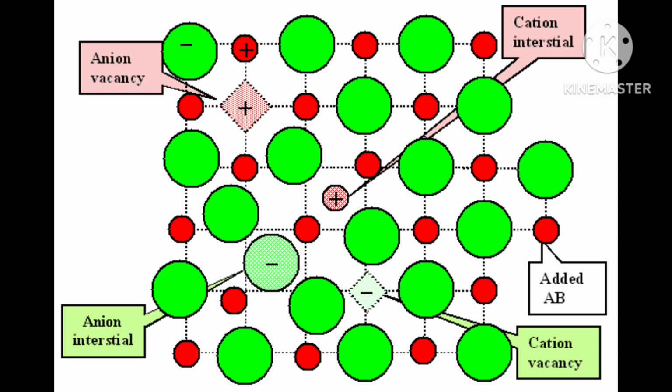It creates a vacancy because the cation is small and the anion is big. Because it is small, it will dislocate, from its original place it will go to another place, in the interstitial, between the other two, and adjust there.